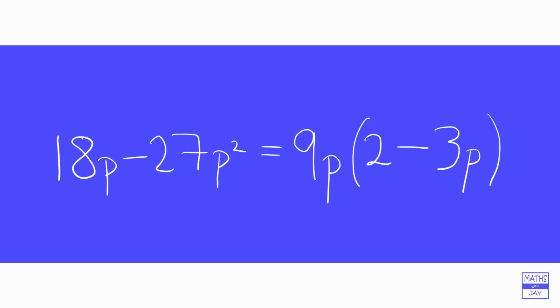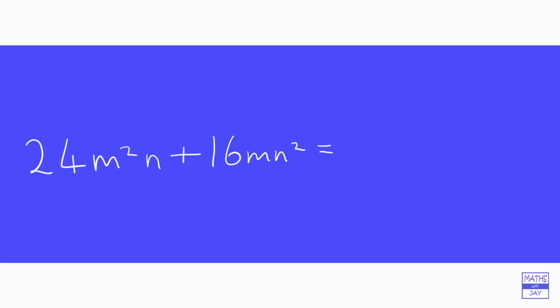Let's have a look at one with 2 letters this time. So this is a bit more complicated, but if we just do it bit by bit, it will be straightforward. So to start with, let's just look at the numbers. So we're looking at the highest common factor of 24 and 16.